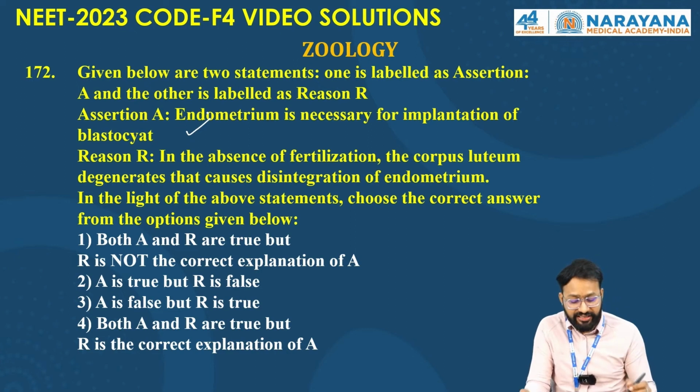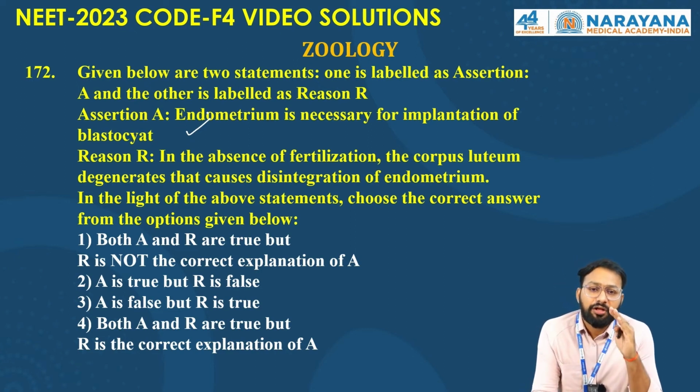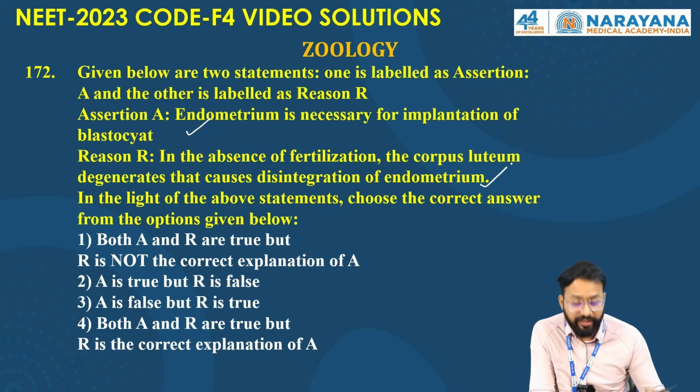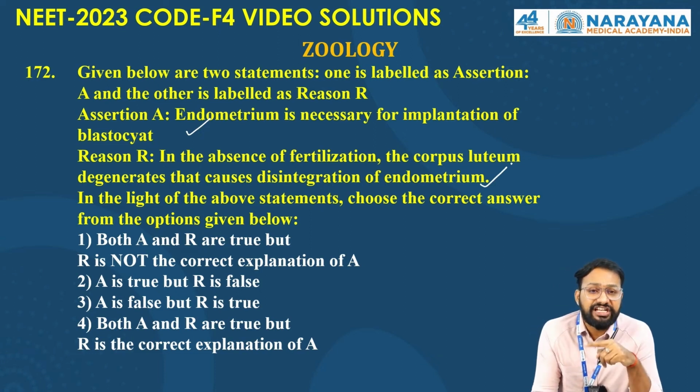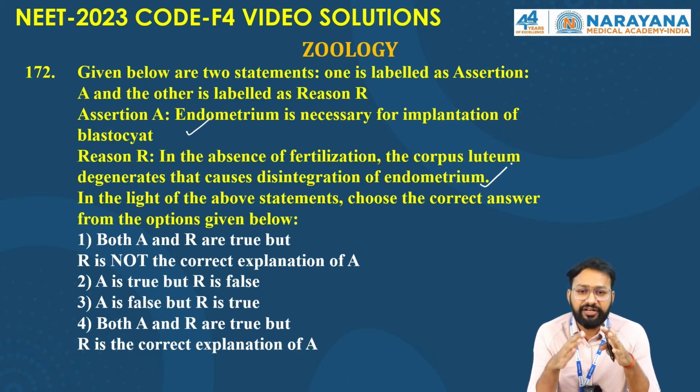Let us see the statement for the reason. In the absence of fertilization, the corpus luteum degenerates, that causes disintegration of endometrium, which is also correct. If the corpus luteum degenerates, progesterone decreases, and due to the decrease in progesterone, the endometrium will shed, because progesterone is required for maintenance of endometrium.